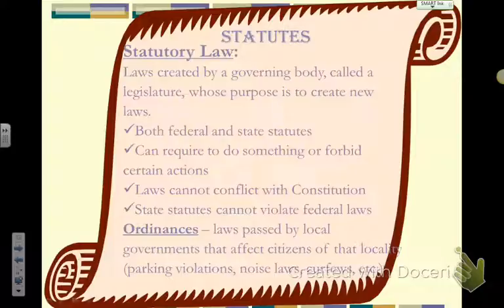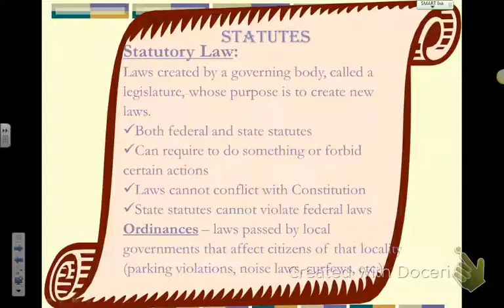At a more local level, we have what we call ordinances. These are local laws that are passed. They're usually dealing with more minor things that have to do with your locality. So it could be dealing with, say, parking violations, or it could have to do with certain types of curfews or noise ordinances, things of that sort.